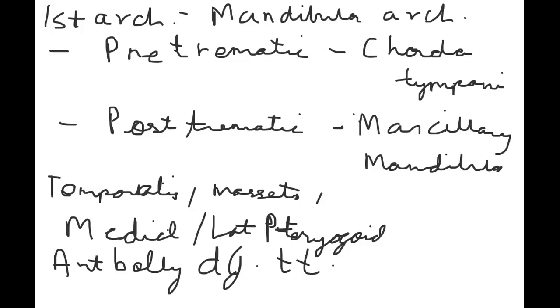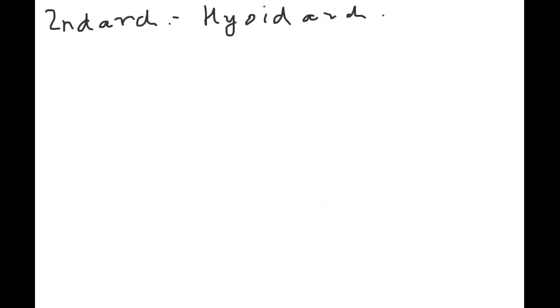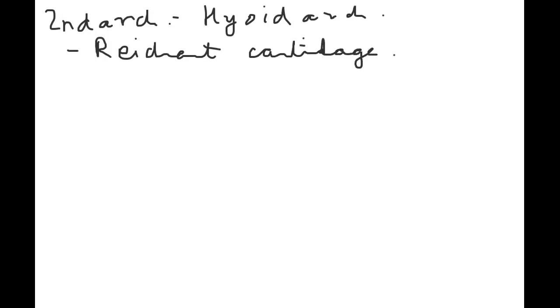Then we go on over to the second arch. The second arch is known as the hyoid arch. Its skeletal element is known as Reichert's cartilage. This forms the stapes.